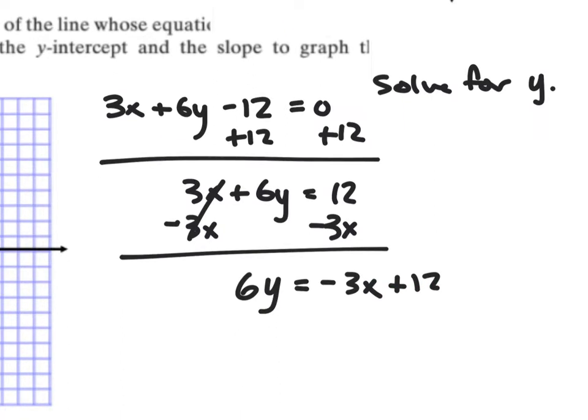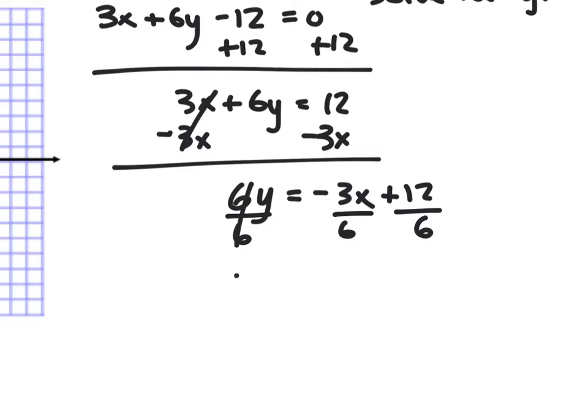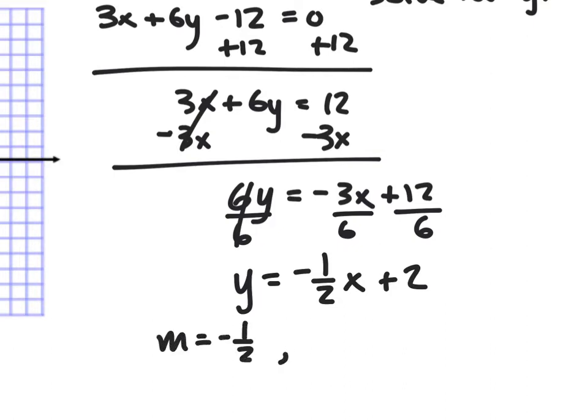Then I'm going to divide everything by 6, so those are going to divide out, and we end up with y equals negative 3 divided by 6, which simplifies to negative 1/2 x, and then 12 over 6 is plus 2. So here's what I got. I have that the slope is equal to negative 1/2, and the y-intercept is equal to 2.